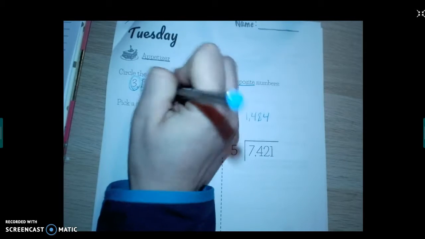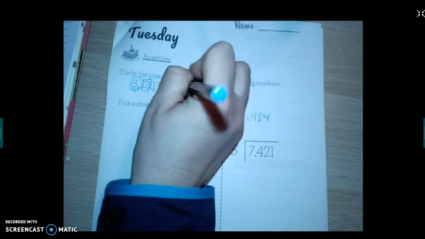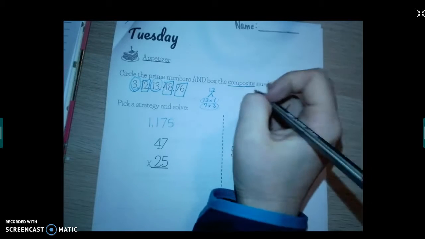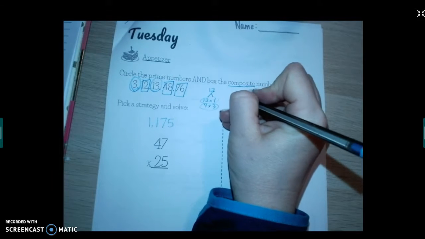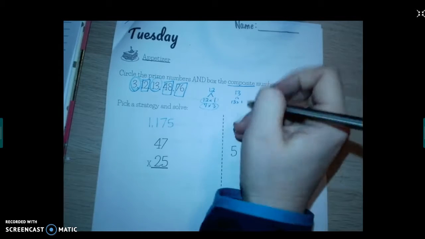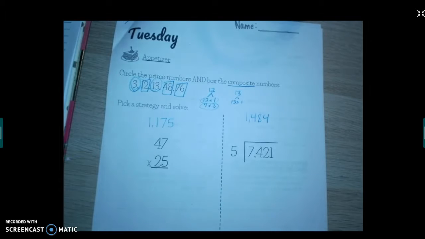So we're going to box the composite numbers. So as you can see, I've boxed the composite and circled the prime. On the other hand, 13 only has 13 and 1. Okay, it has no other factor pairs.